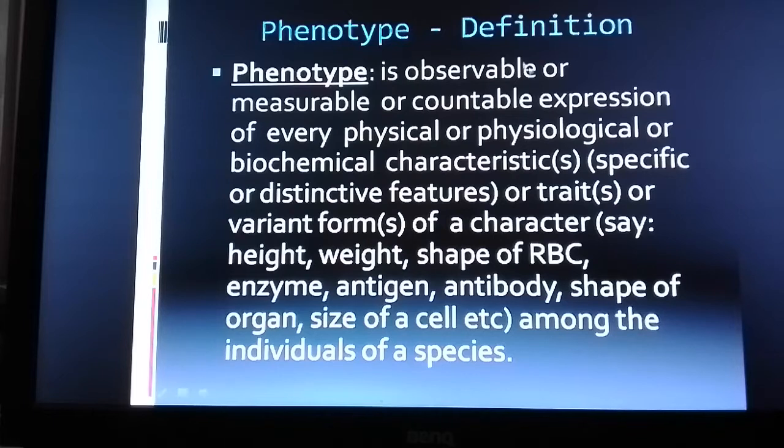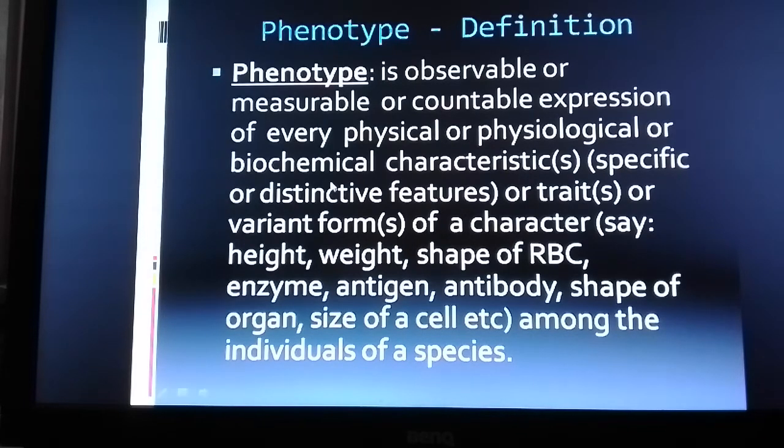So accordingly, whichever the parts of the individual, if it is visible or measurable, in the sense you say the height is a measurable phenotype. Countable, you say the number of RBC, a countable phenotype.